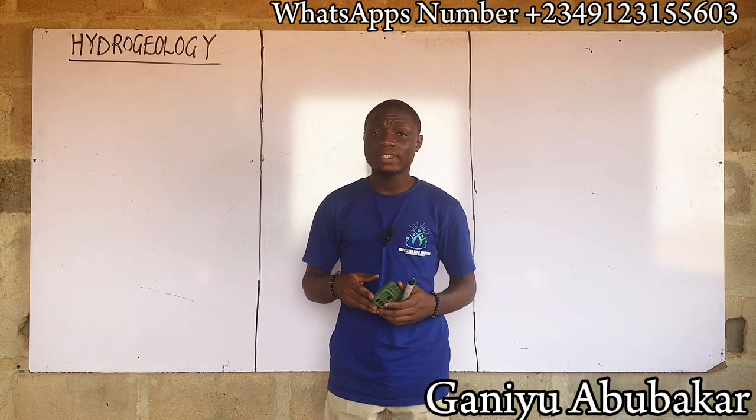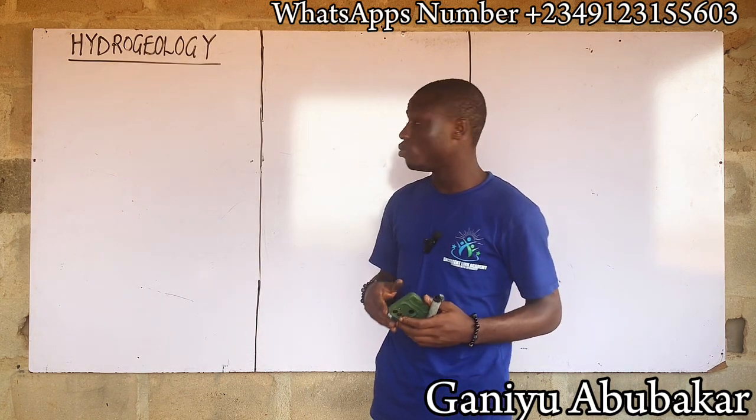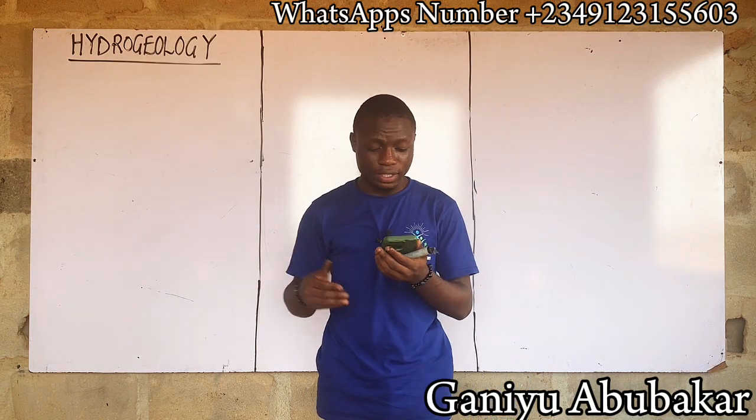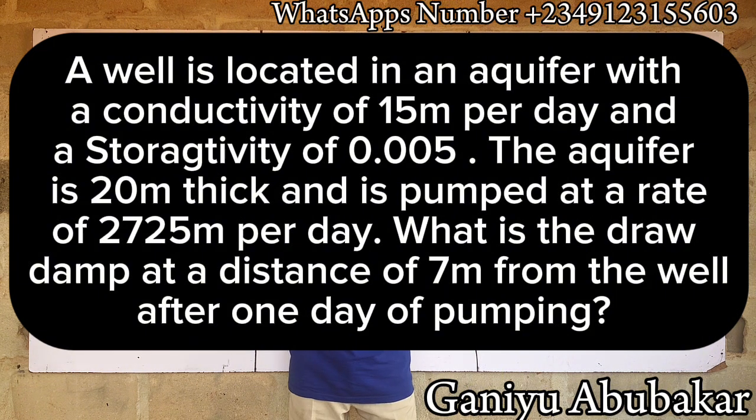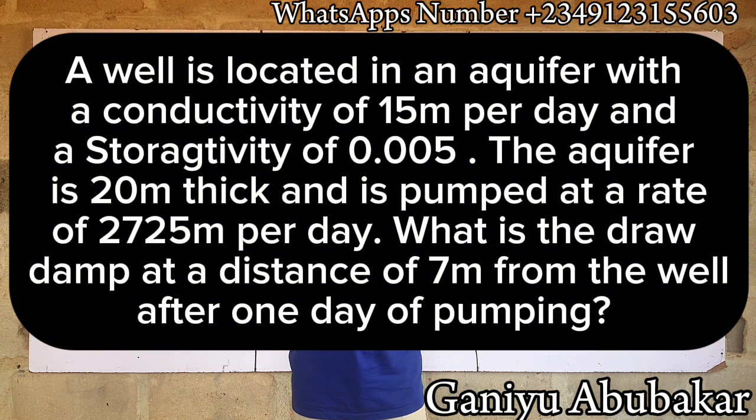We'll look at yet another past question under the study of hydrogeology. This question says a well is located in an aquifer with a conductivity of 50 meter per day and a storage of 0.005.